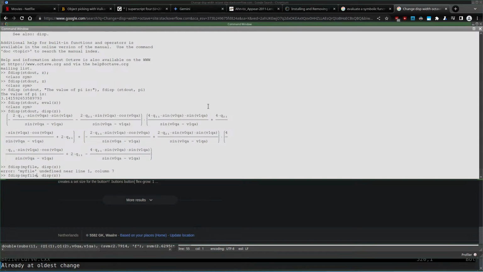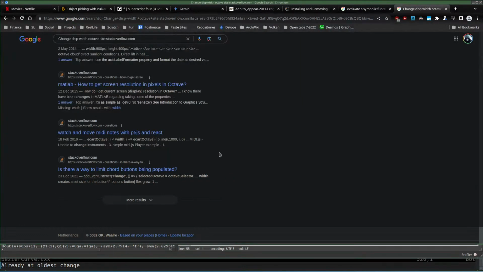How do I open a file? I want to write my output to a file. Maybe that will work.